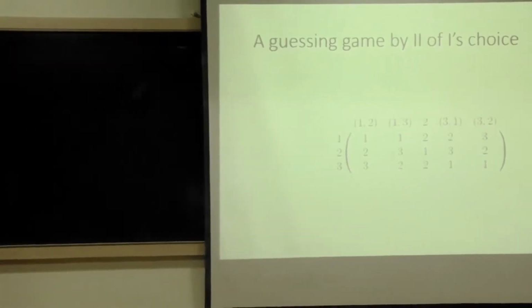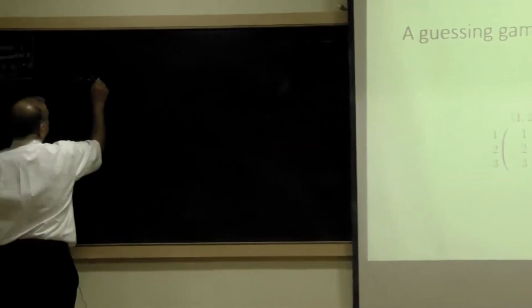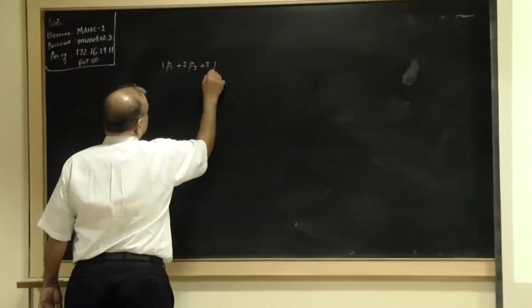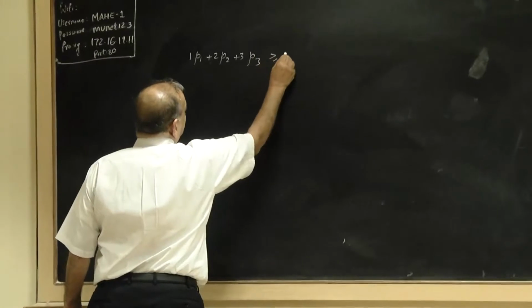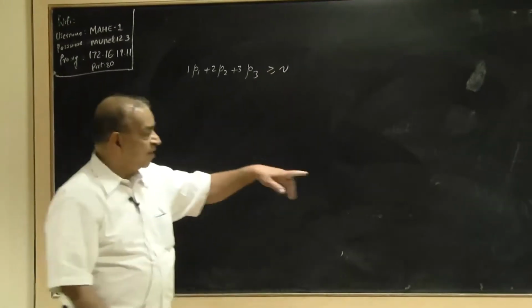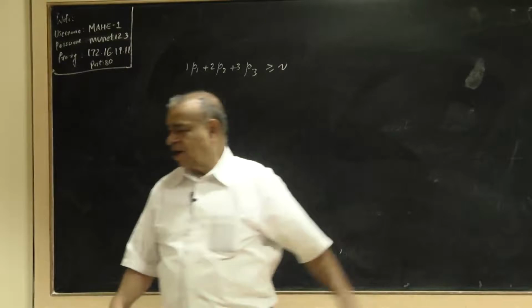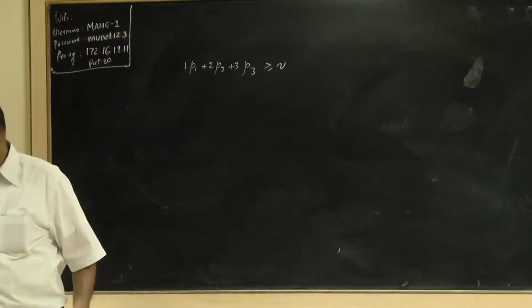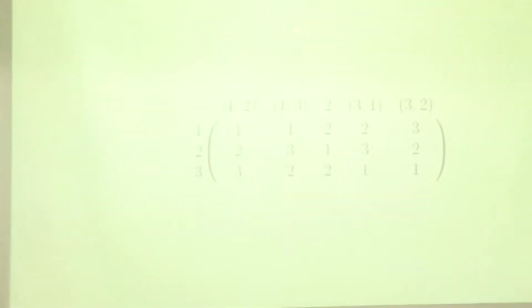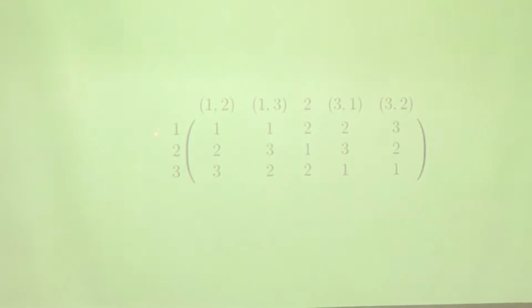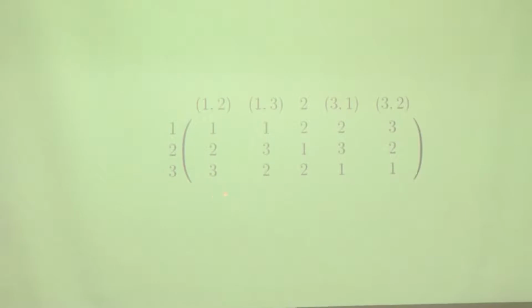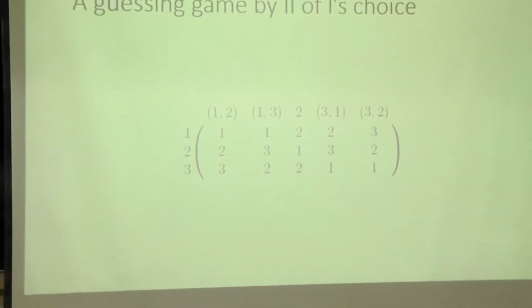So 1 times P1 plus 2 times P2 plus 3 times P3 must be greater than or equal to V. He is choosing the first column, 1, 2, 3. Player 2 is choosing this. Player 1 is choosing this with probability P1, P2, P3. So his expected income is 1 times P1 plus 2 times P2 plus 3 times P3, and that is at least V.